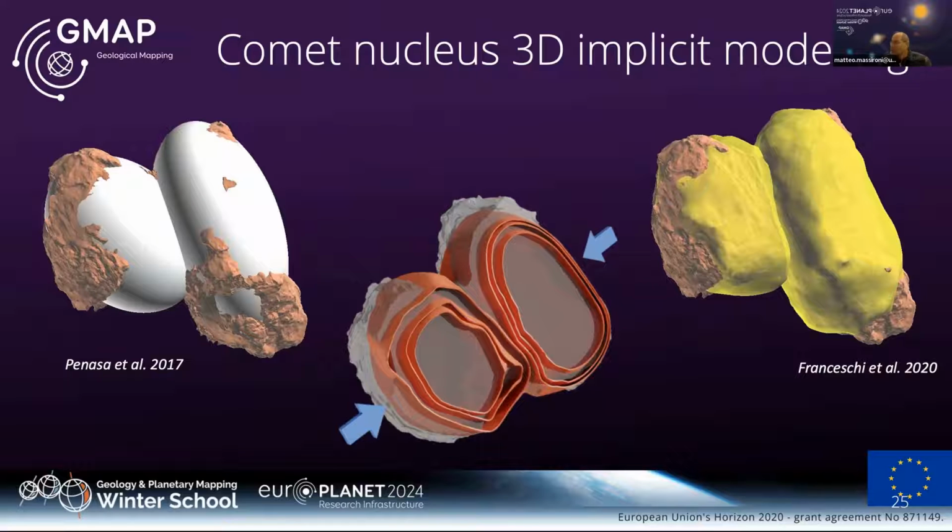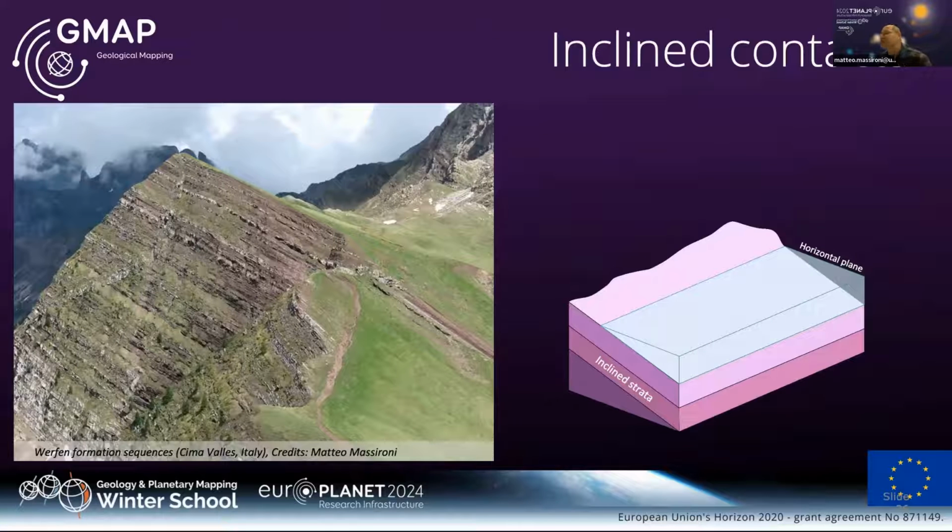So if we go back to a bigger body and we have to consider variable stratifications, we have to use another kind of measurement. This is an inclined stratification picture in the Alps, as you see here. To the right, we see the stratifications, and in this case, we have to measure what we call the strike, or its orientation to the north.